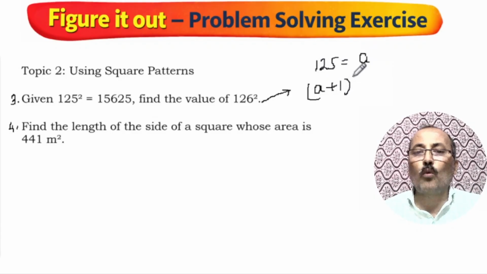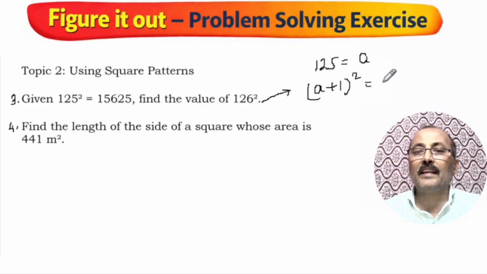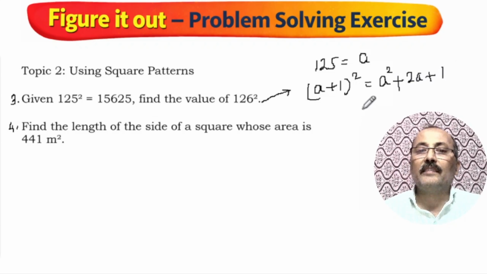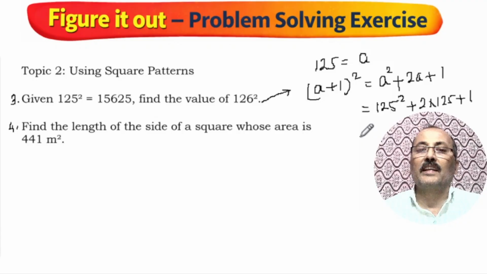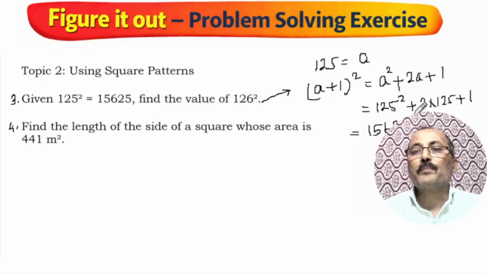That means if I want to find the square, it is nothing but a square plus 2a plus 1, the identity I am using. That is, 125 square plus 2 into 125 plus 1. This is the logic. 125 square we know is 15625, and 2 into 125 is 250, then 1.